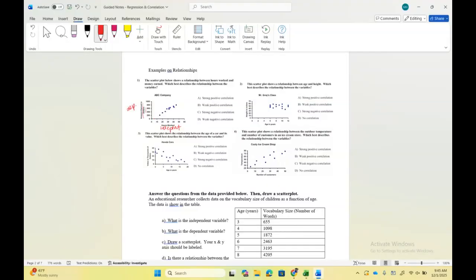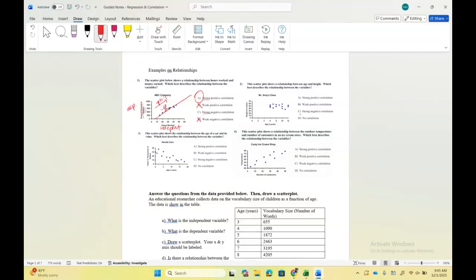Okay, so if I was to try and draw a line connecting these points, you see how they're all really tight together. So that means that's a strong relationship. Okay, so it's not B or D here. Okay, now if I'm going up as I read this graph from left to right, and I would be going uphill, then that is positive. Okay, so answer A there.